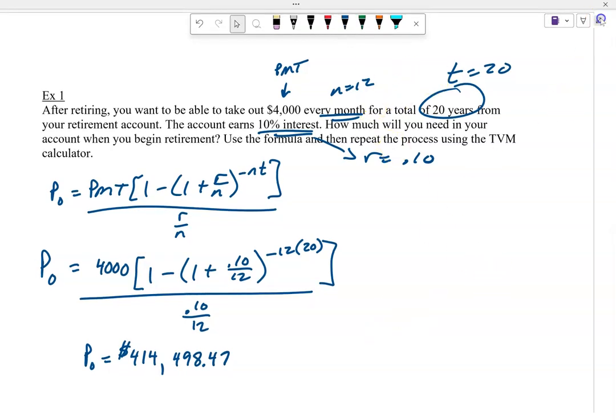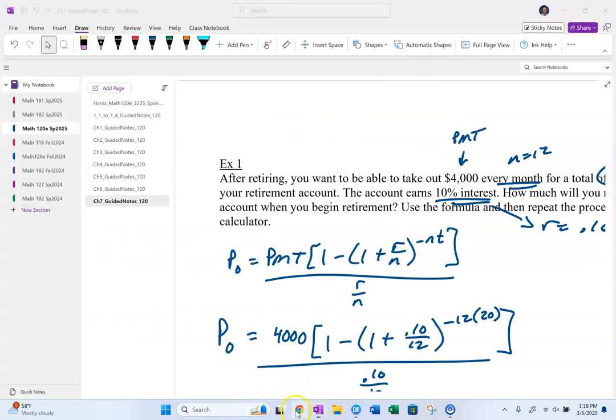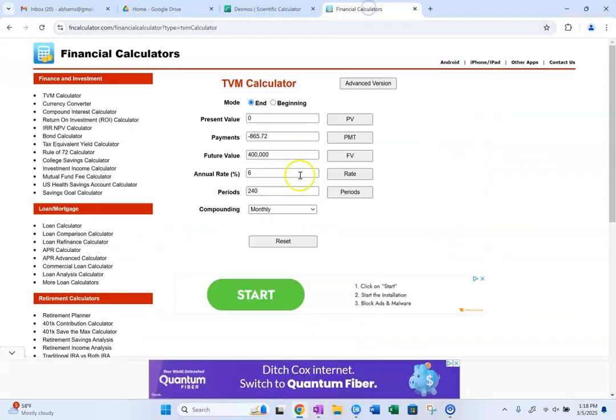Let me pull up that financial calculator. Reset this. I'm going to take it out monthly, so make sure that's monthly. I'm solving for how much I have to have initially. I get $4,000 a month. I'm going to drain this down to $0. At the end of 20 years, I'll have nothing left. I better die before 20 years is up.